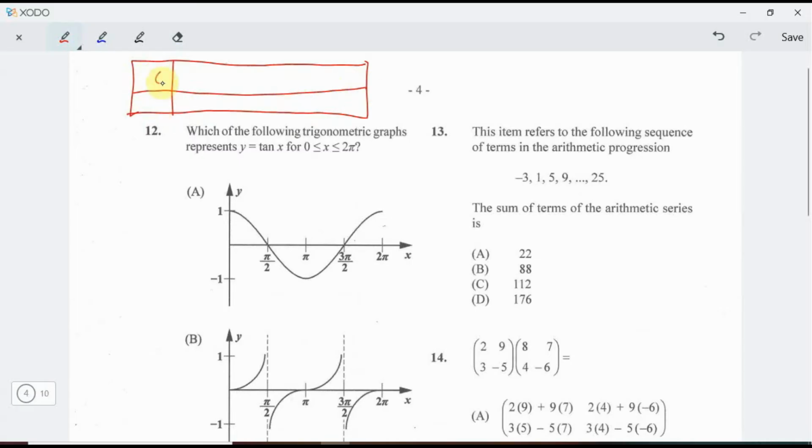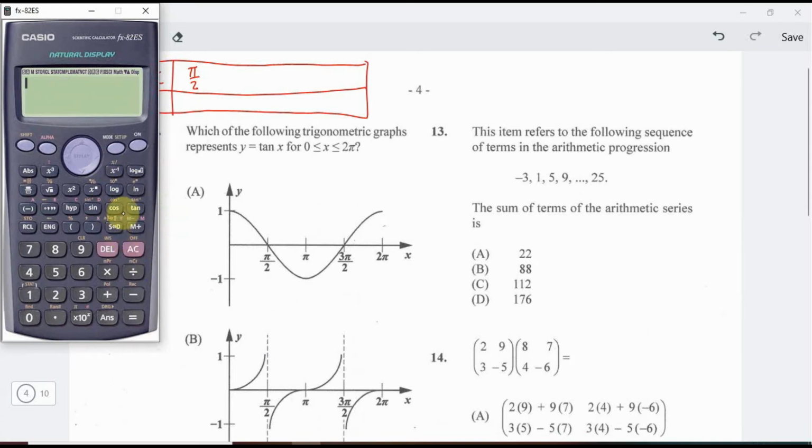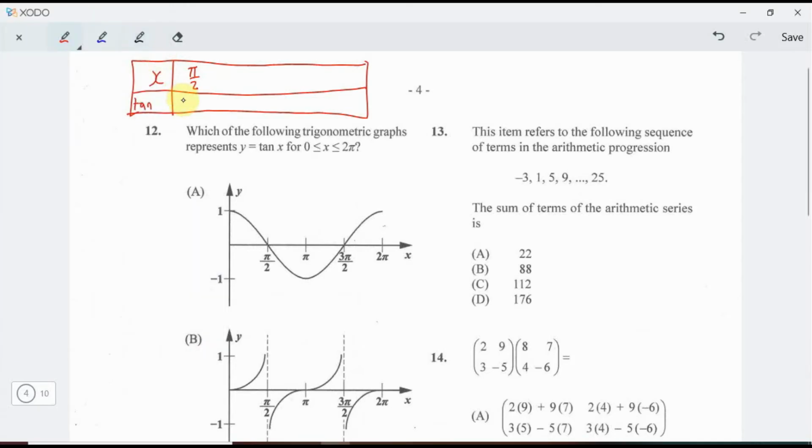Let's look at when x is certain values that you see on it right here. When x is pi over 2, this is in radians, of course. Now we know that the tan of pi over 2, the tan of 90, if you don't remember, put it in a calculator. Tan 90 is what? Can't work that out. It is undefined. Tan 90 is undefined, or some might write infinity.